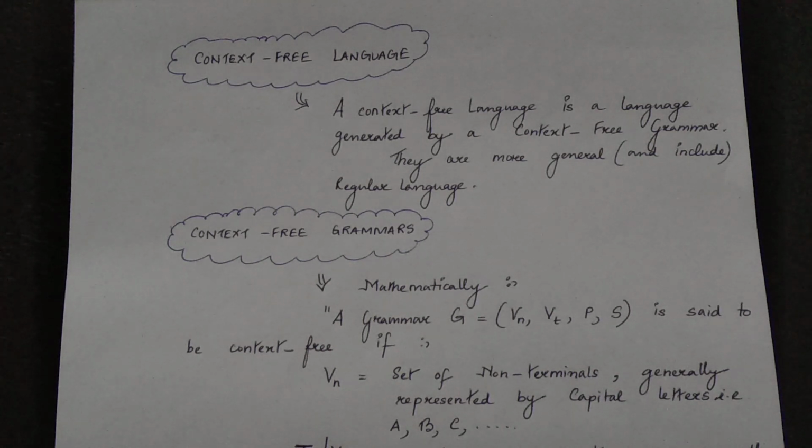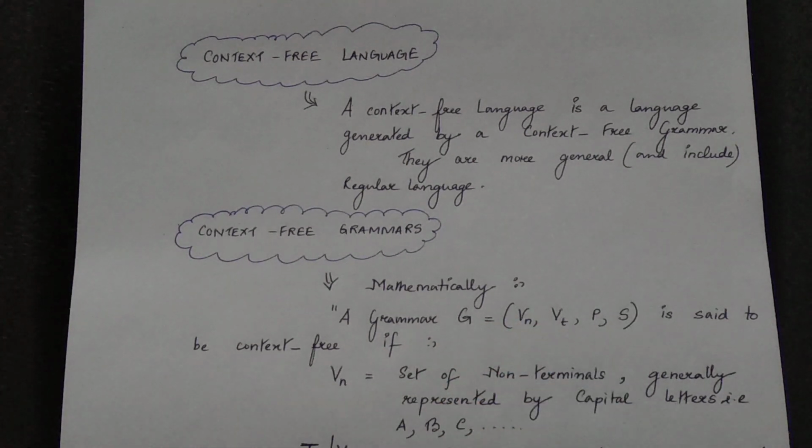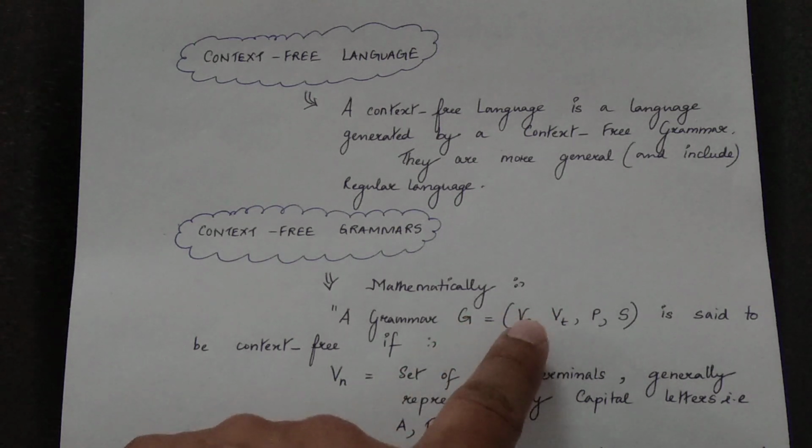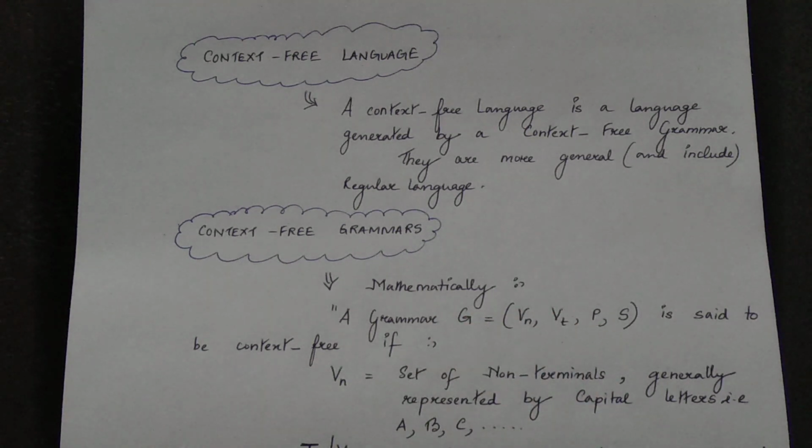Now let us move to the topic, context-free grammar. Mathematically, the context-free grammar is also denoted by capital letter G, as compared to regular grammar, with the same four tuples. Either you can mention Vn, Vt, P and S, or else Vn, capital letter T, P and S. It depends upon whatever you are comfortable with.